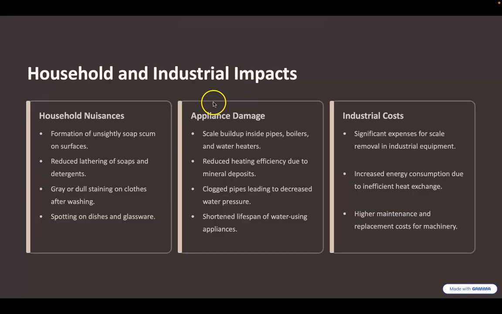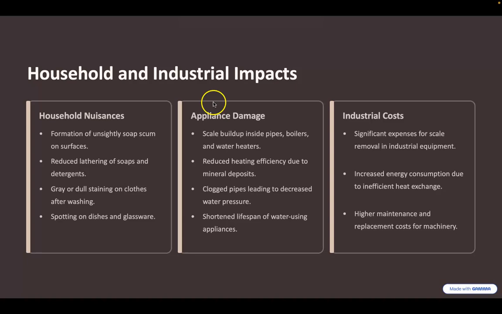Then, household and industrial impacts of this hard water. What are the impacts of this hard water? So, first thing is formation of unsightly soap scum on the surface, reduced lathering of the soaps and detergent, gray or dull staining on the clothes after washing, spotting of dishes and glassware.